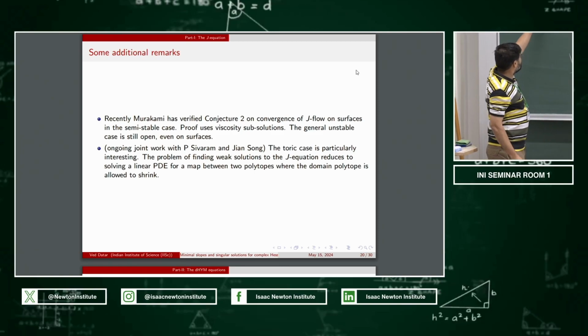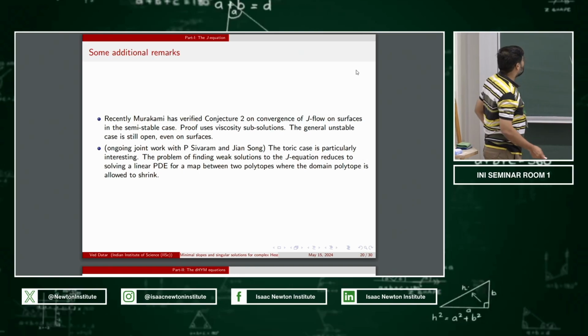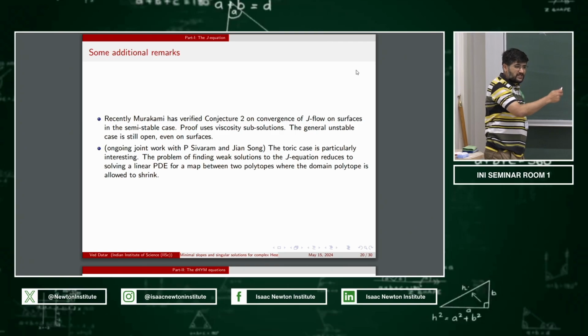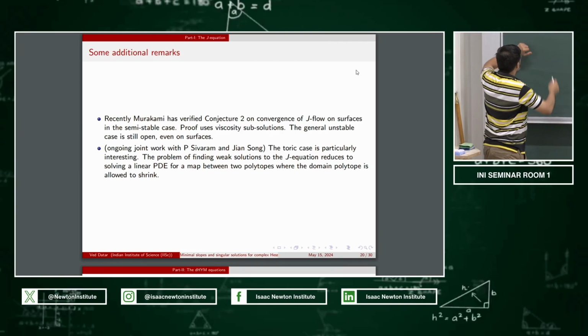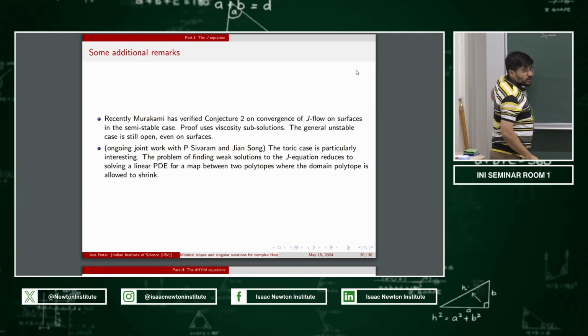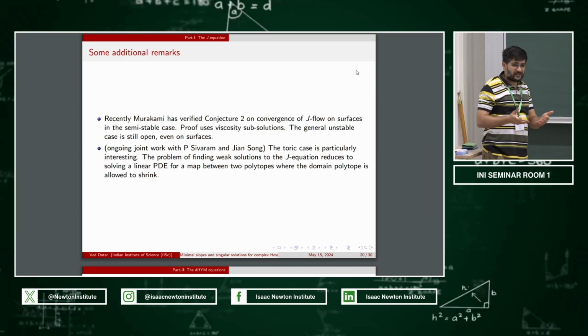And it actually turns out this psi satisfies a linear first order PDE. But then the point is that you may not always have a solution. In order to have a solution, you might actually have to shrink your polytope. So the polytope itself is also part of the unknown, part of the problem.